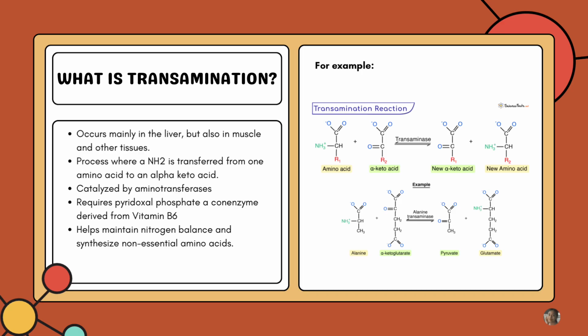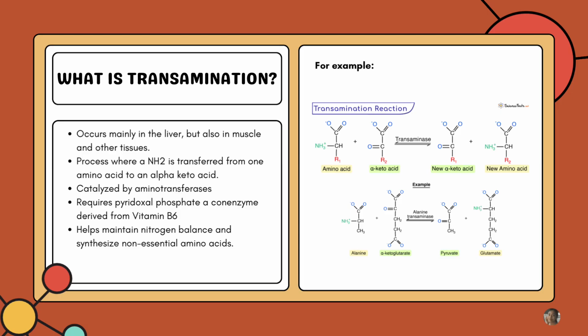So, to make this trade happen, you need two things. Number one is an enzyme, called an aminotransferase. It acts like a referee of sorts that manages and oversees the swap.